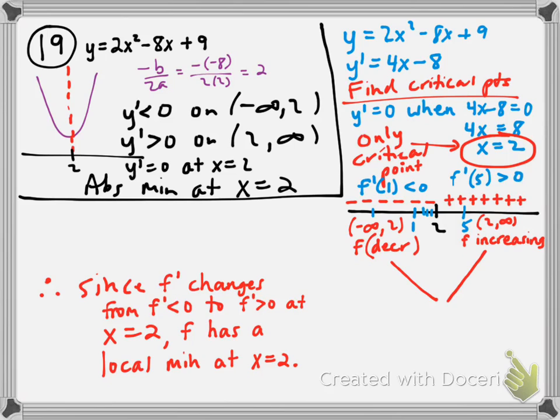Now, you might be saying, well, why don't we call it an absolute min? Well, I am going to call it an absolute min. I just want you to understand that just because f prime changes sign from negative to positive at a particular x value doesn't mean it's an absolute min. It doesn't make it an absolute.